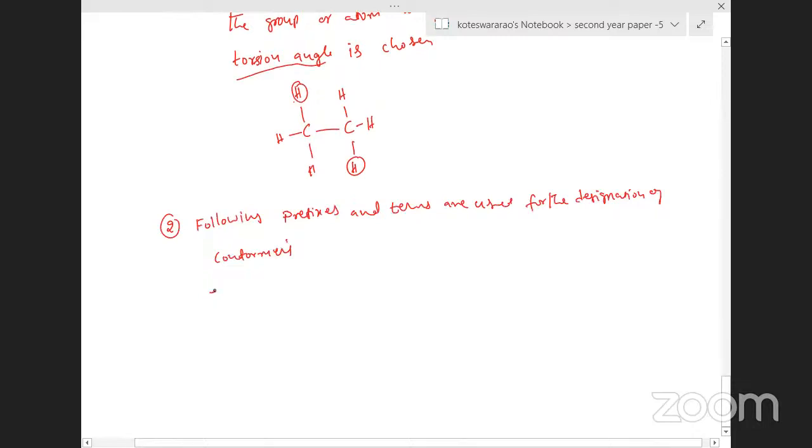For example, whenever you are assigning the torsional angle, you need to give the directional property. Use the plus and minus for the rotation of clockwise and anti-clockwise respectively.